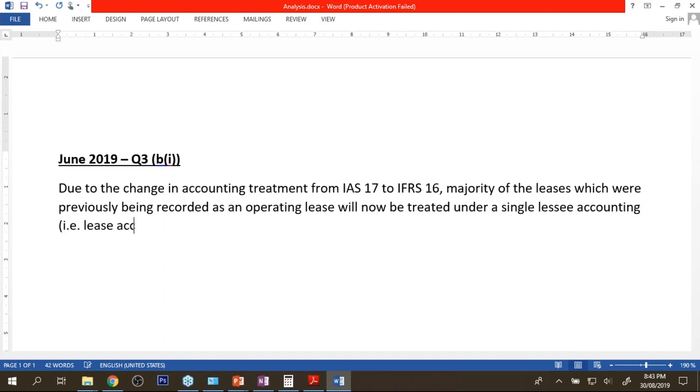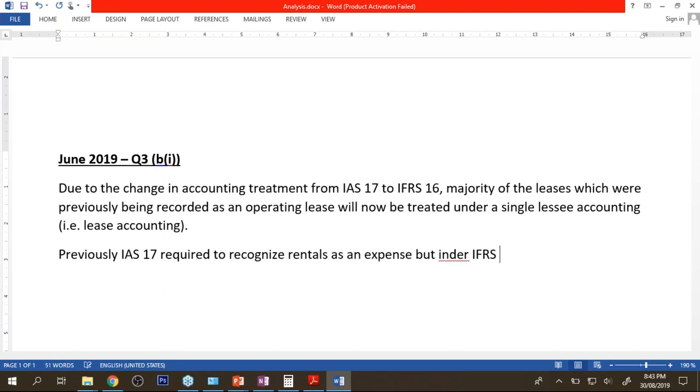That is the lease accounting that we have discussed. Previously, IAS 17 required recognizing rentals as an expense, but under IFRS 16, a right-of-use asset is recorded along with a lease liability.